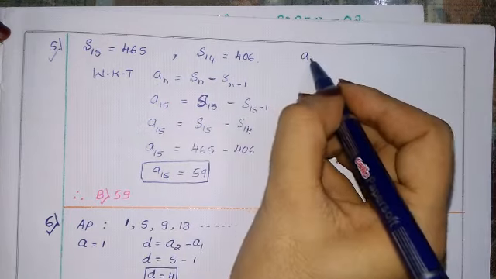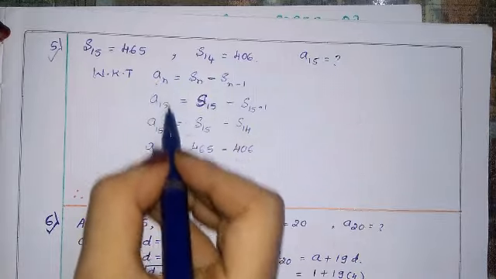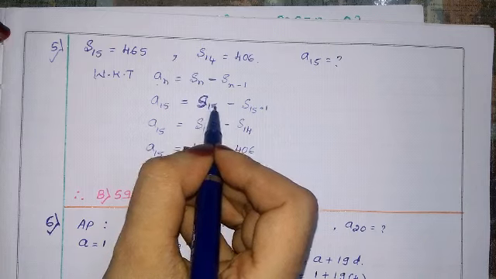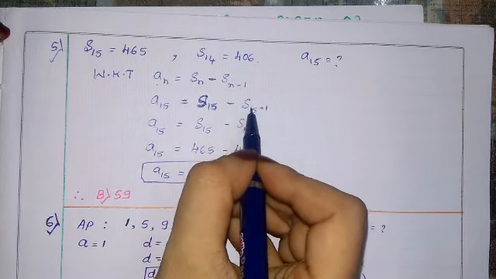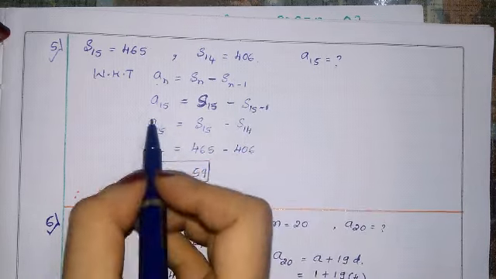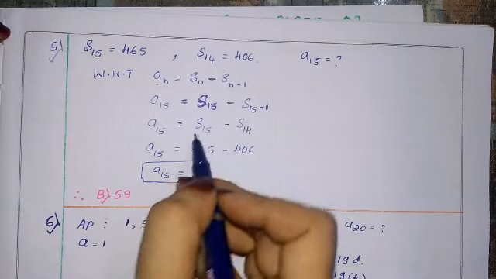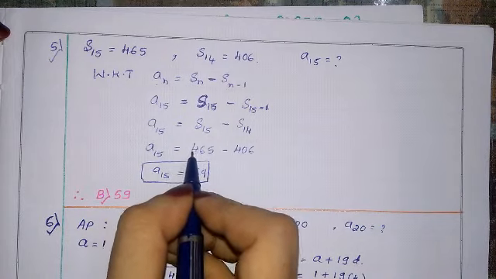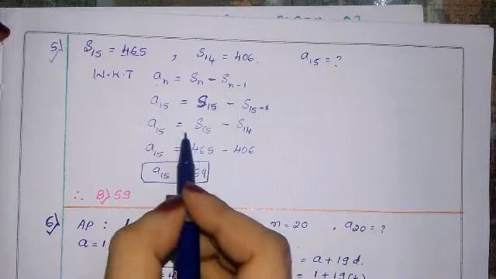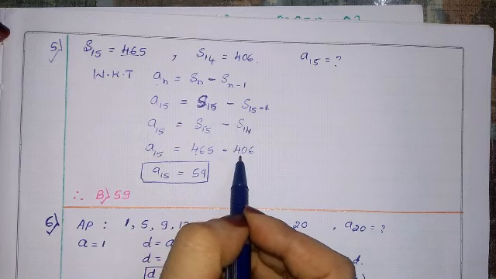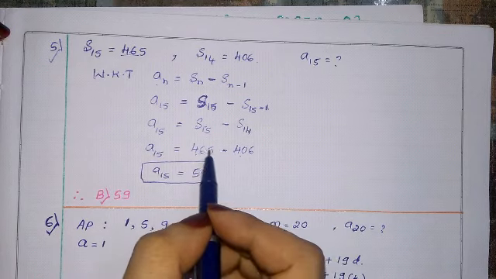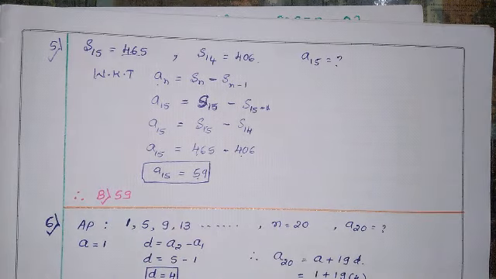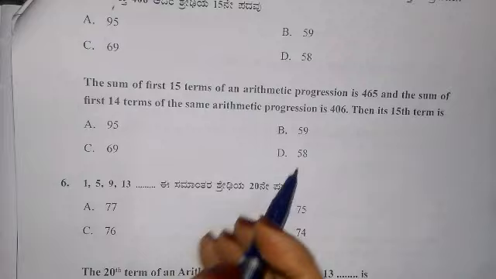To find A15, in place of n I write A15 is equal to S15 minus S(15 minus 1), that is S14. So A15 is equal to the S15 value 465 minus the S14 value 406. 465 minus 406 is 59. So the correct option is B, 59.